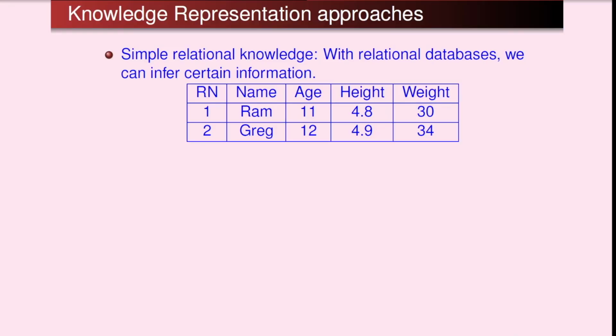Now, what are the general knowledge representation approaches? With a relational database, let us say you take this table: the roll number as RN, the name Ram with age 11, height 4.8 and weight 30, and the second person Greg with age 12, height 4.9 and weight 34.